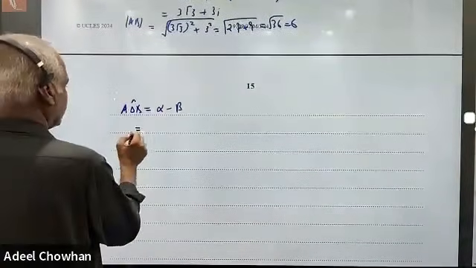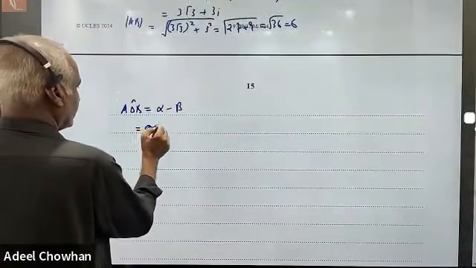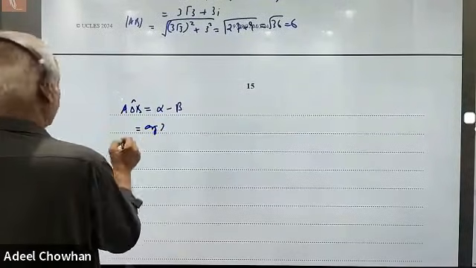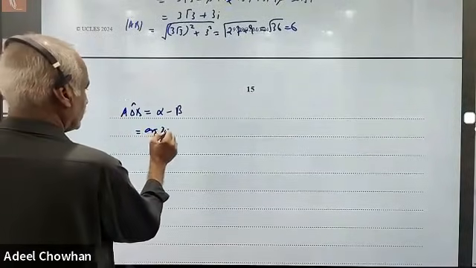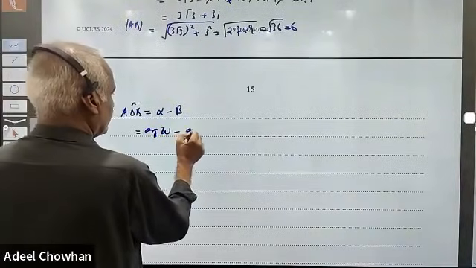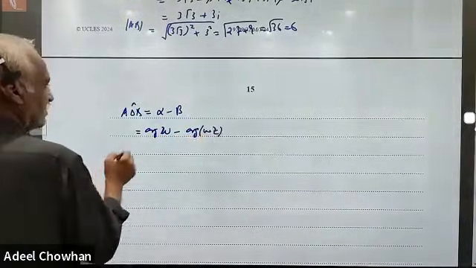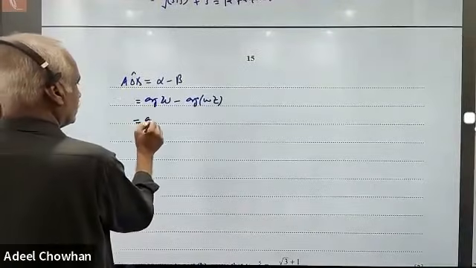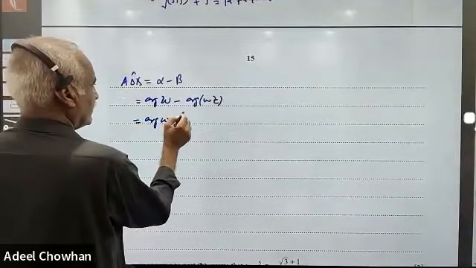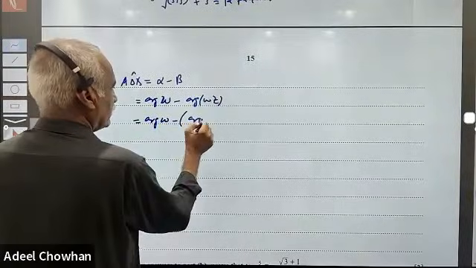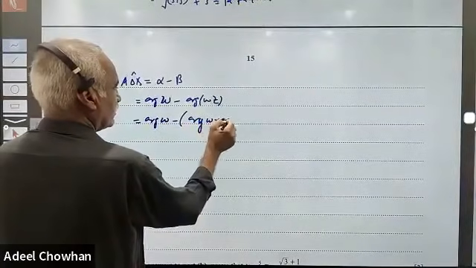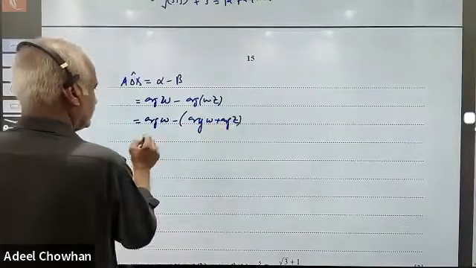But alpha is the argument of W, minus beta is the argument of WZ. So that is going to be equal to argument of W minus argument of W plus argument of Z.